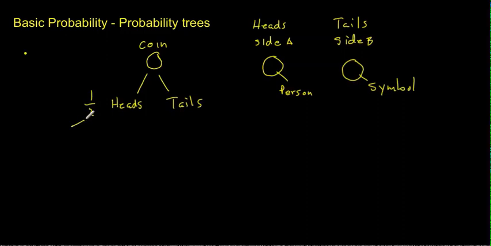The denominator shows how many possible events could occur, and the numerator shows how many successful events would occur. So this is saying that out of the two sides on the coin, only one has heads.